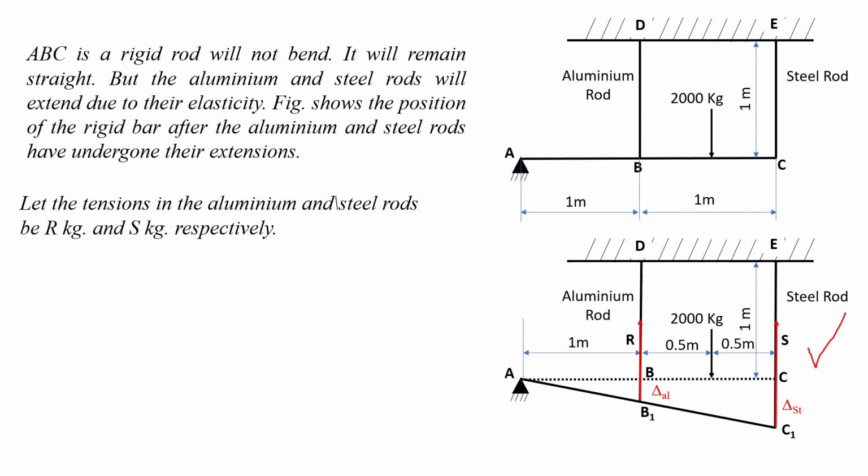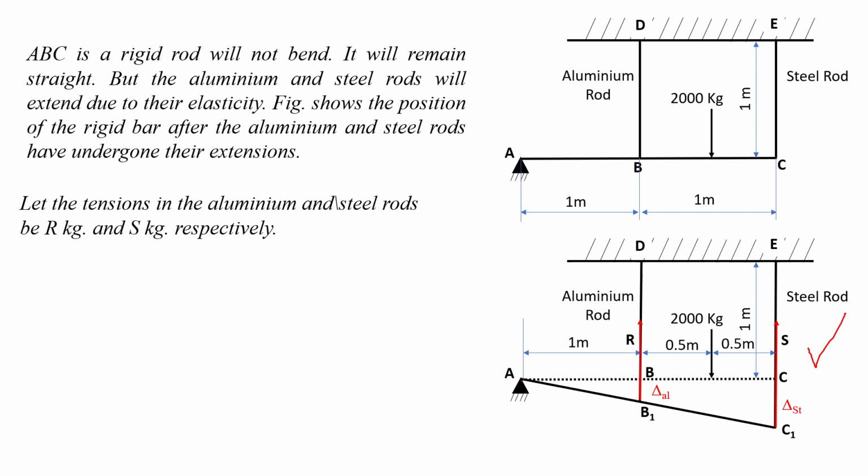Let the tensions in the aluminium and steel rods be R kgs and S kgs respectively. Here we are applying the load of 2000 kgs on the rigid bar, and due to this, tension is created in the rods, obviously opposite to the applied load direction.